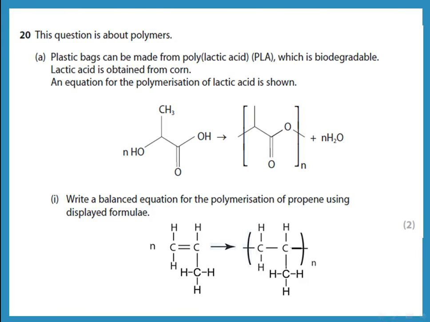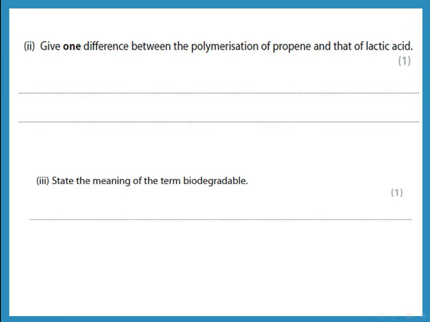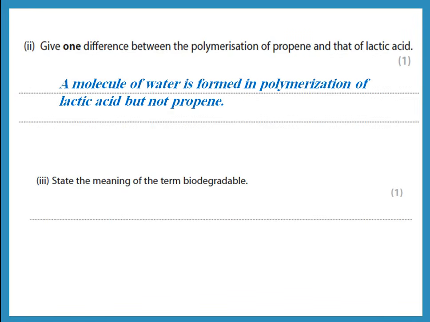So this product gives you a molecule of water, while the one with propene gave only the polymer. Only the polymer is the product, no removal of small molecules. So the difference between them is that a molecule of water is formed in polymerization of lactic acid, but not propene.